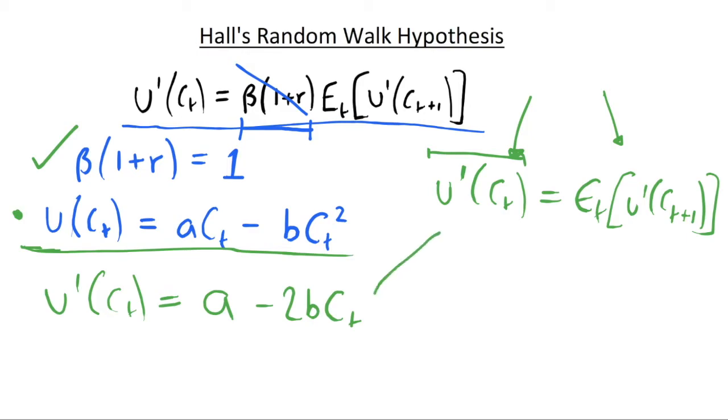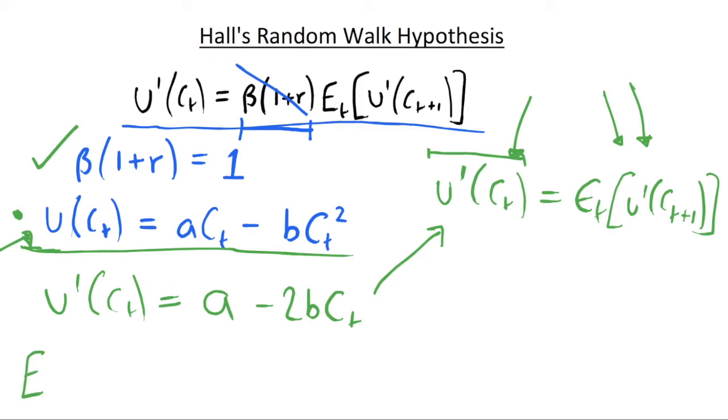Then we can plug that into the left-hand side of the equation, and to get the right-hand side of this equation, the expected value, it's very similar. We're just taking this utility representation in time t plus 1, and we're taking expectations of it with respect to our information in time t.